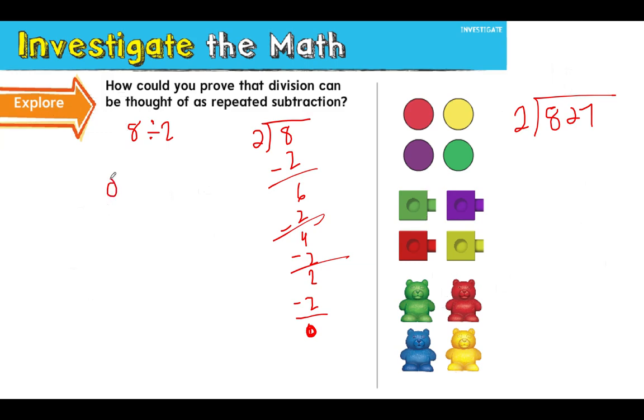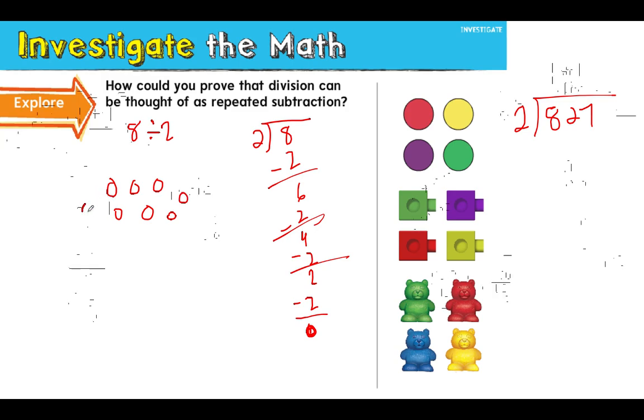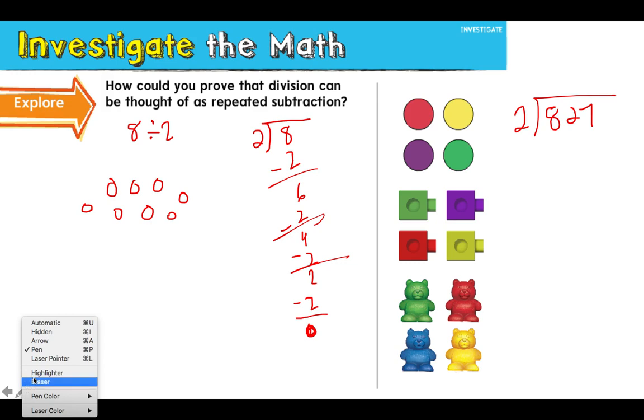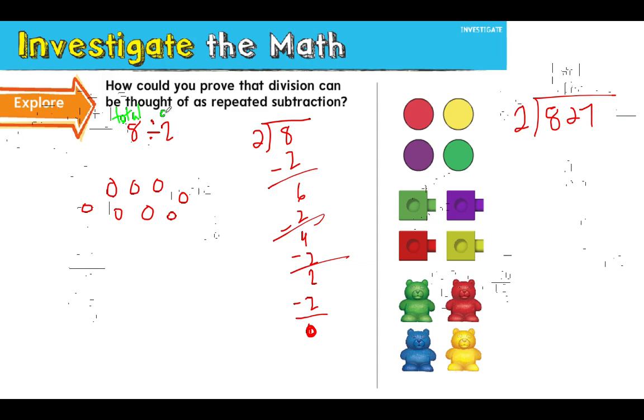And let's use some objects. And teachers, you're going to have real objects. Let's use some objects to model what is really happening when we take 2. Okay? I'm going to think of this 8 as my total. And this 2 could be a lot of things, but for now, let's think of it as 2 groups. Okay?